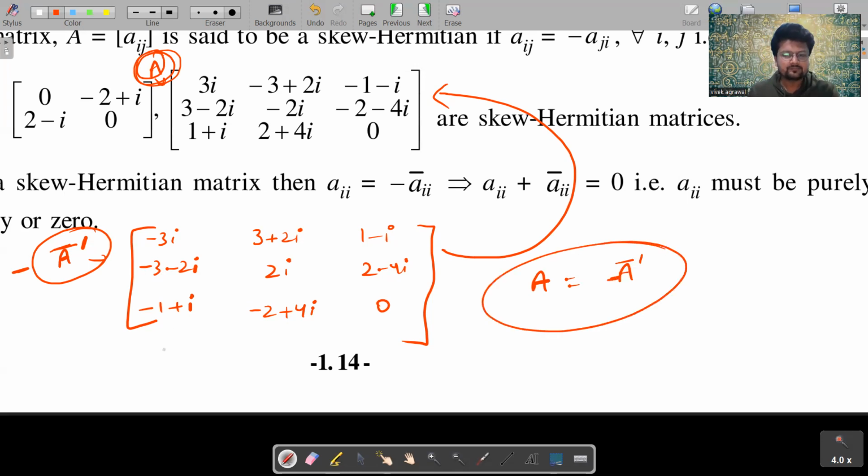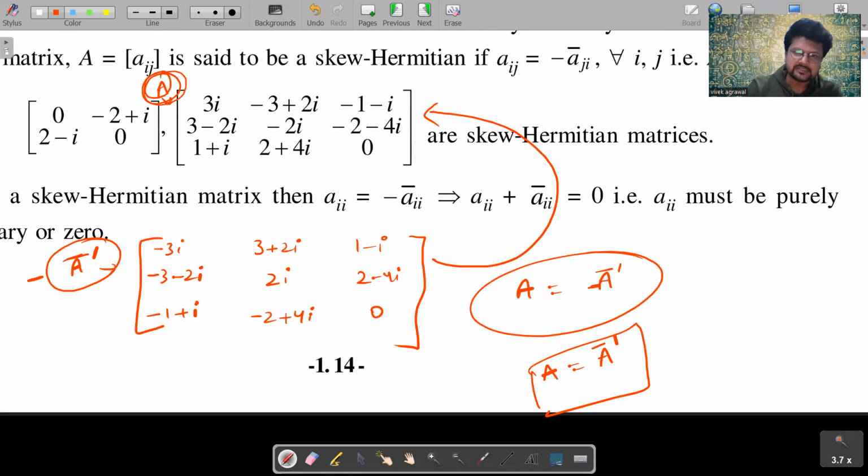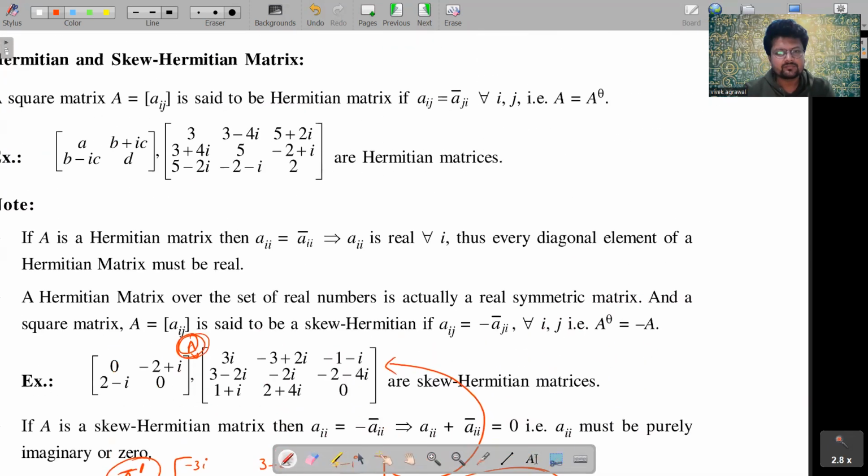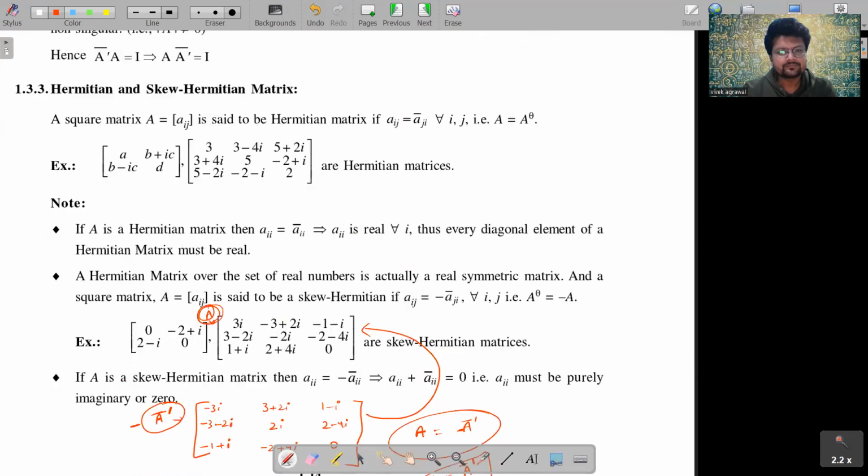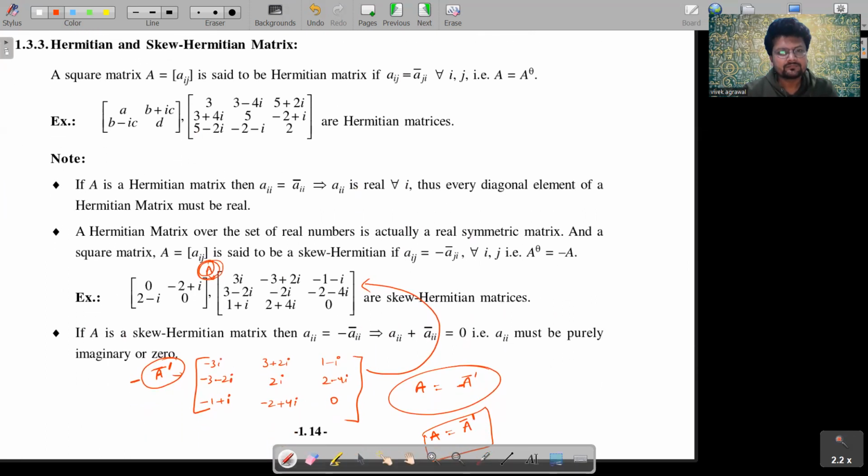Simple. And in a Hermitian matrix, what was happening? A is equal to A bar dash. We conjugate and transpose, then it is equal, so there is no negative.